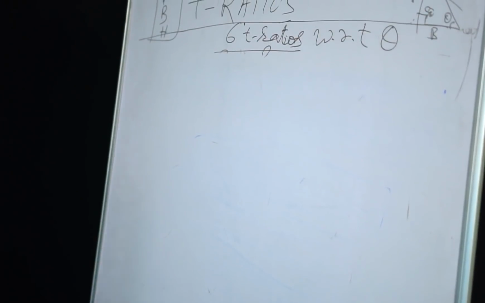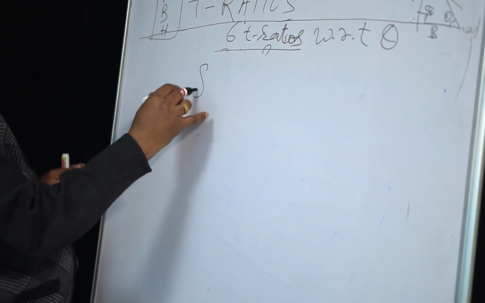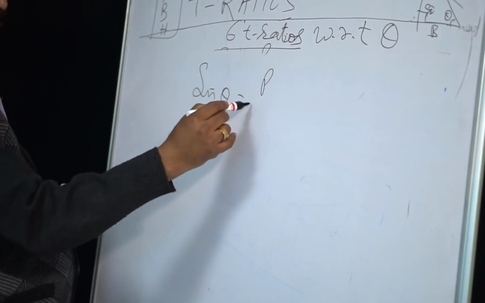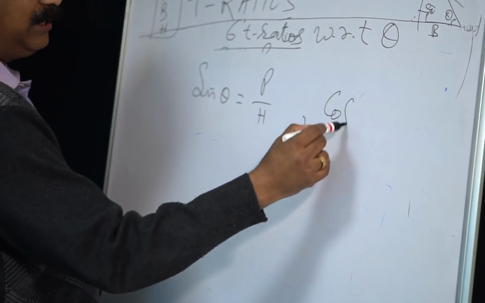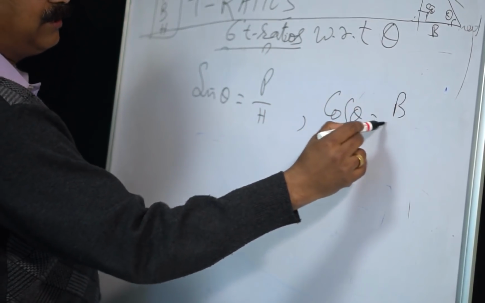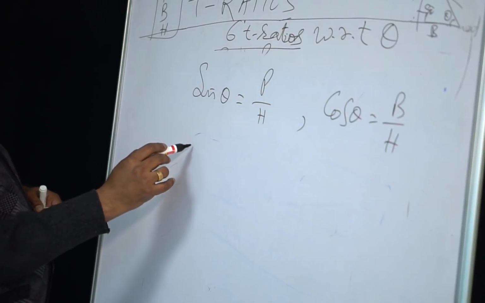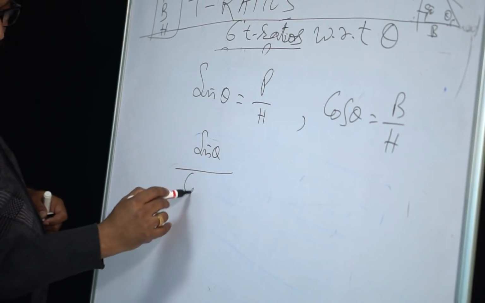Look at here. What we know is the sine theta formula and the cos theta formula. If I divide these two, what will happen? Sine theta divided by cos theta.